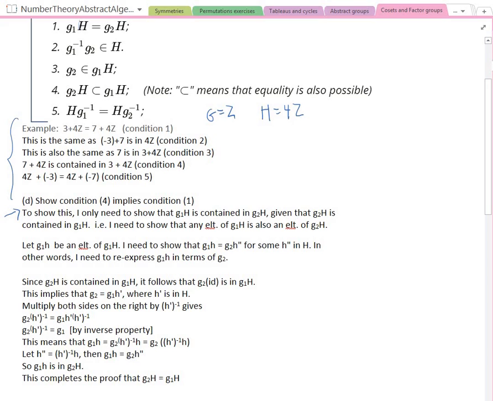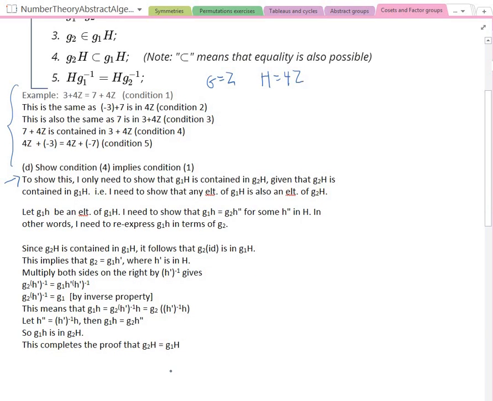So G1h equals G2h'', so that means that G1h is in G2H, and this completes the proof that G2H is equal to G1H. All right? So if that's too fast for you, go back over it step by step, and you'll see that it works out. So I'll stop here on this video, and we'll take up the next part on the next video.